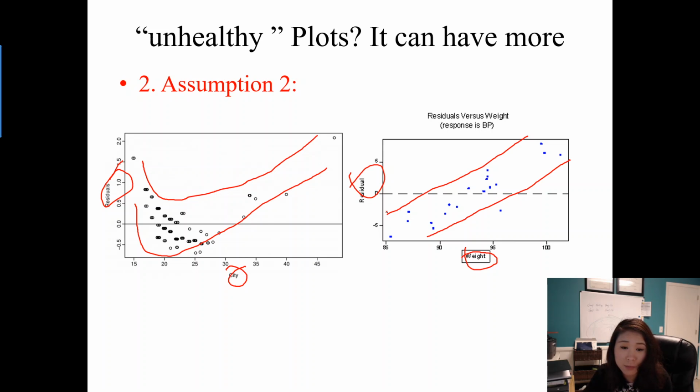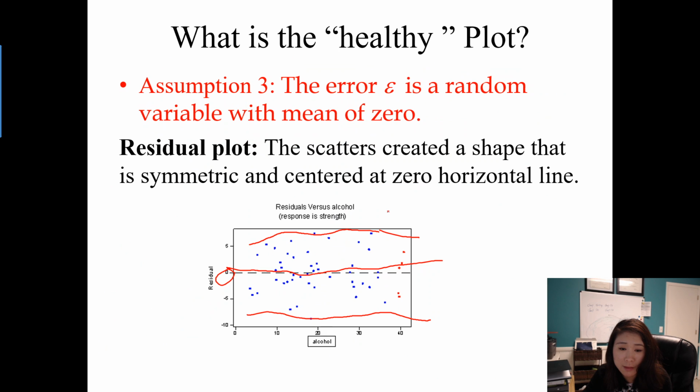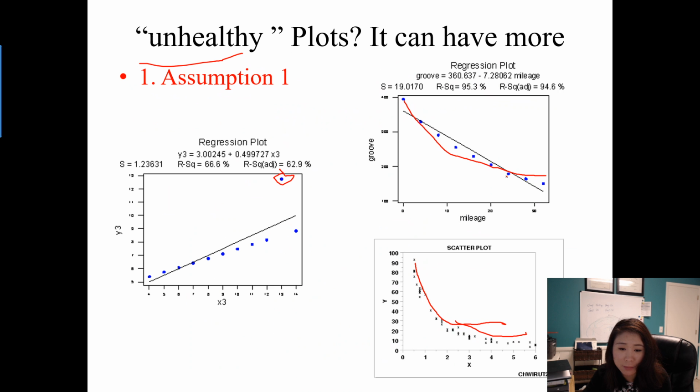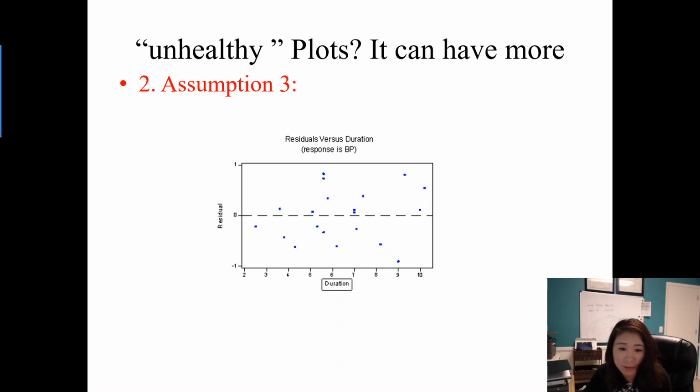So look at assumption 3. Let's look at the assumption first. The residual is a random variable with the mean 0. To test this assumption, the scatter should create a shape that is symmetric and centered at the 0 horizontal line. So let's look at the example. We call it an unhealthy plot because it is violating my assumption 3. The key here is, can we find that symmetric shape?